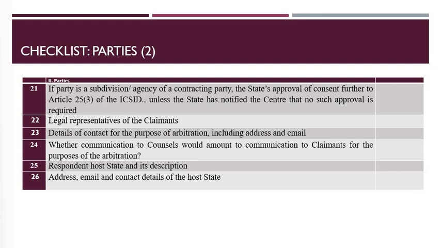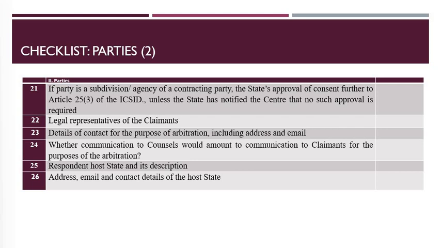In the chapter of the notice regarding parties, it would also be useful to mention legal representation and related details. These are dealt with in serial number 22. Serial number 23 pertains to the details of contact for the purpose of arbitration, including the physical address and email.